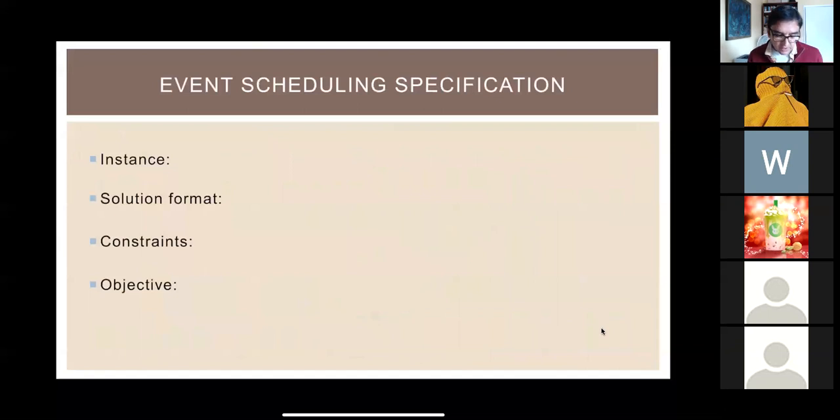Okay, so let's go ahead and formalize this problem. So let's say we have a collection of n events given by start and finish times. We can represent them like this.